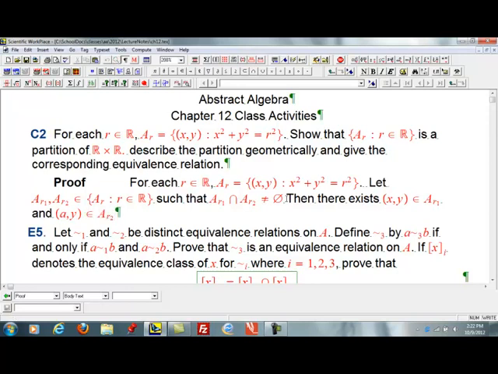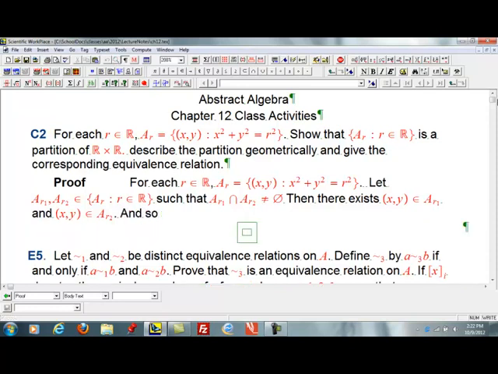No, that's supposed to be an xy. Right. It's in both of them, but then what does that tell us? What does it mean for xy to be in A R1?